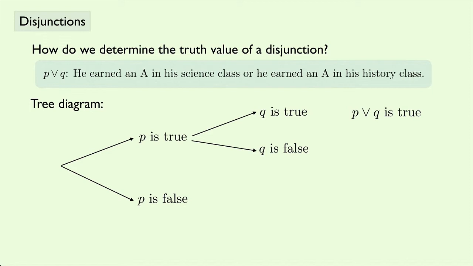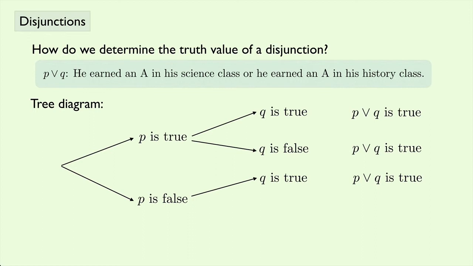How about if Q is false? That would mean that he earned an A in his science class is true and he earned an A in his history class is false. So what would we say about he earned an A in his science class or he earned an A in his history class? Well, we would say that's still true because we said or. How about if P is false and we have Q being true? So he earned an A in his science class is false. He earned an A in his history class is true.